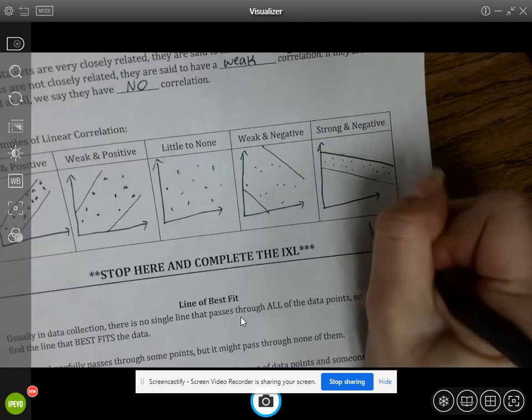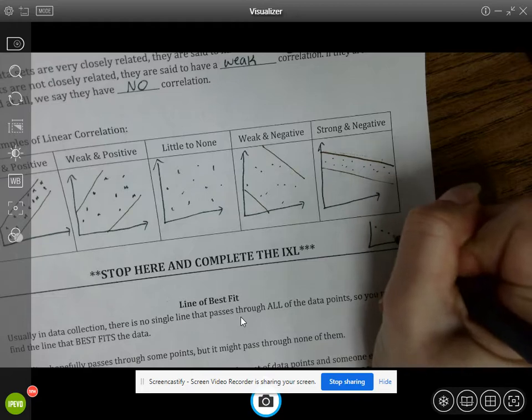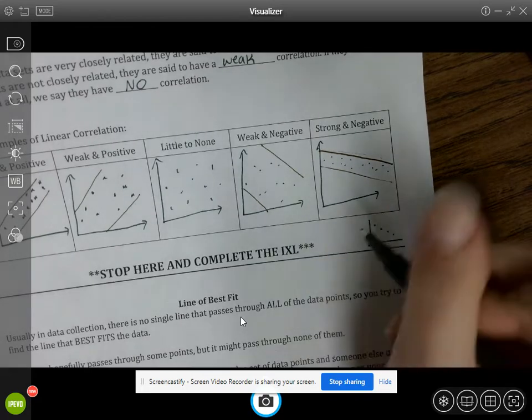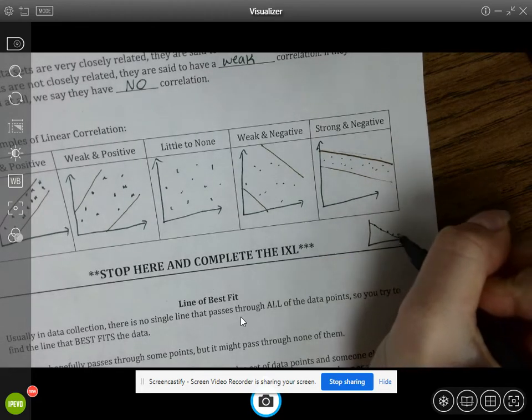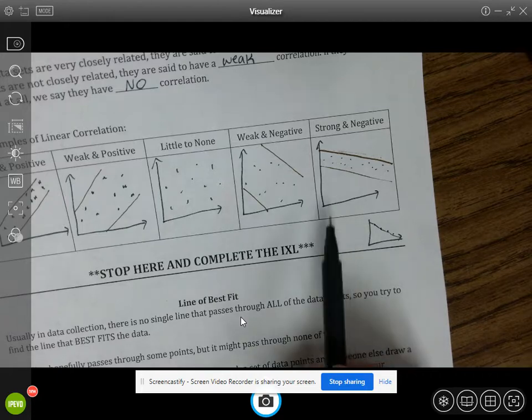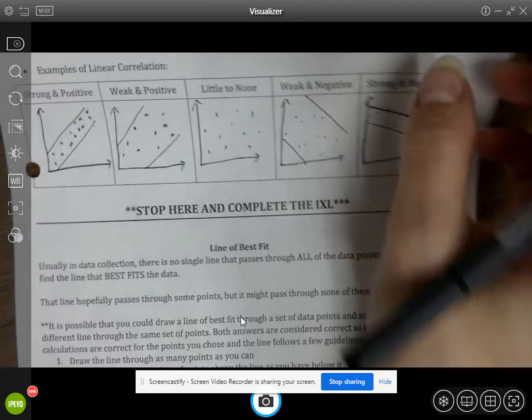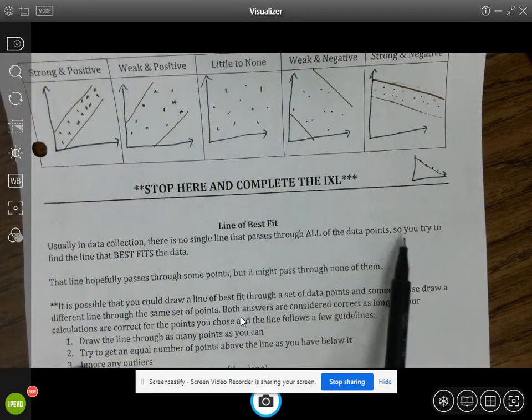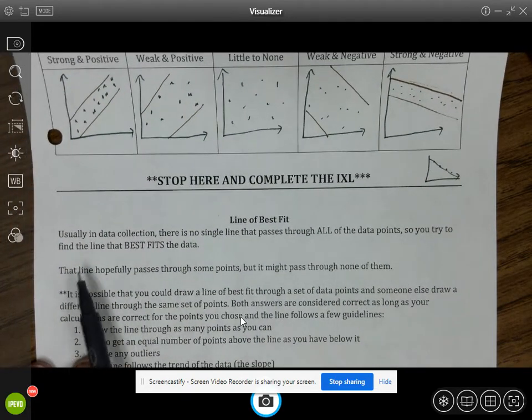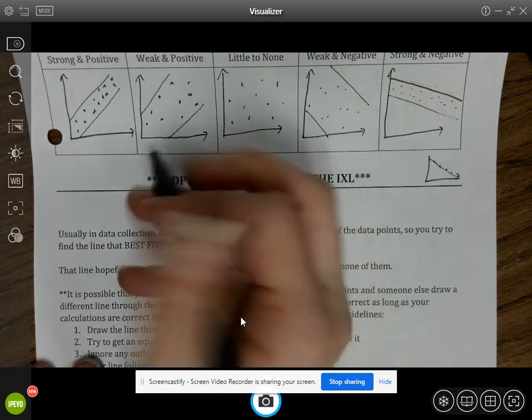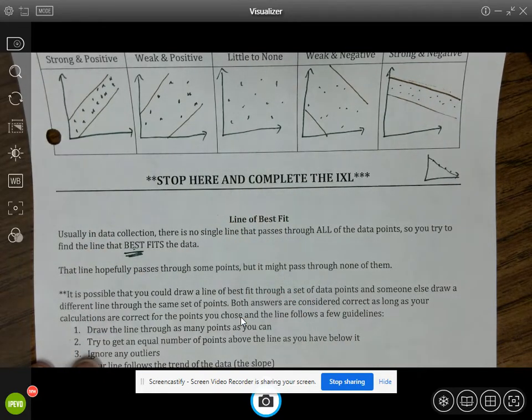Okay, it's not like those are my points. Look, there's one line that goes through them. But most data that's collected is not going to have that happen. So instead, we're going to try to fit the line that best fits our data.